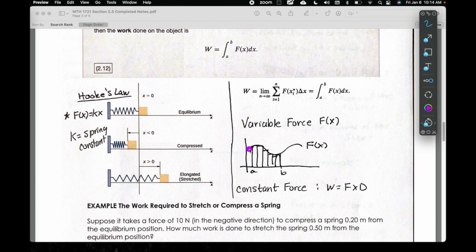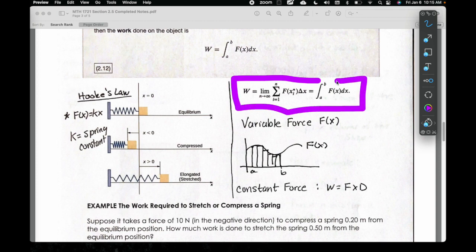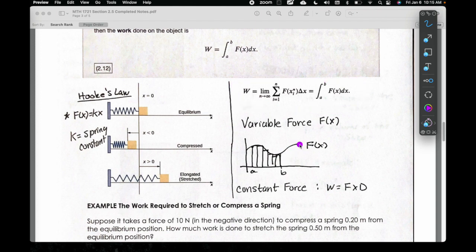Then we multiply it by the width of the rectangles, which are little pieces of the full distance. When we add them up, we get the force times the distance over the entire interval. So when we have a variable force and we want to find the work, we're finding the integral of that force function over the interval from a to b.